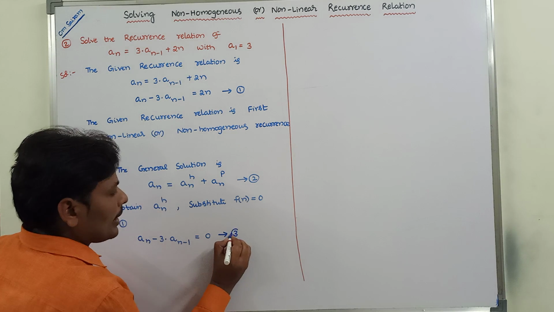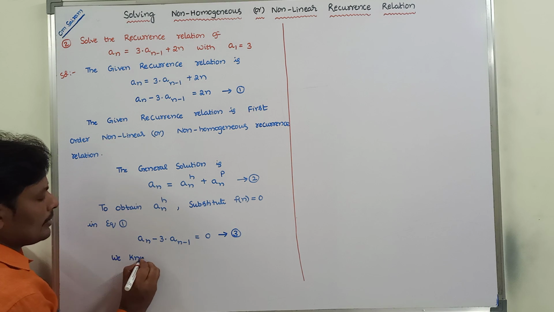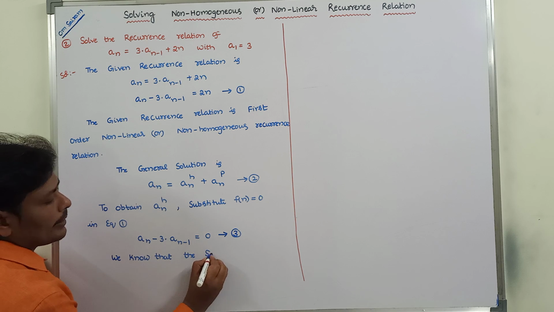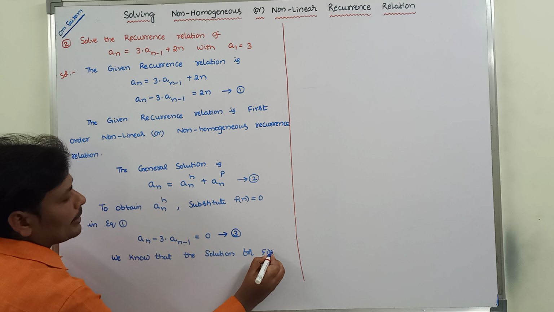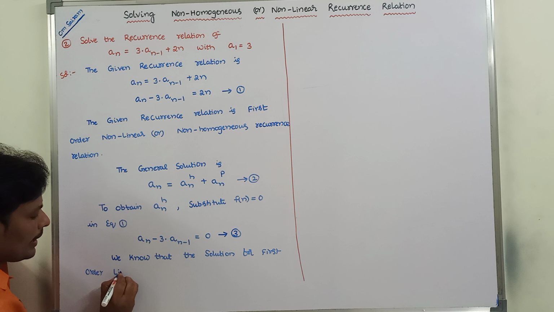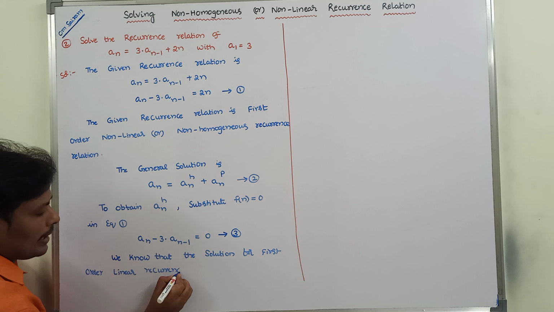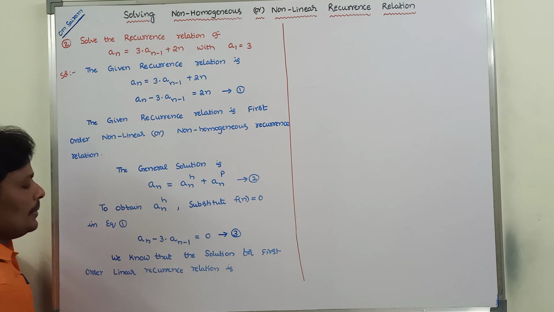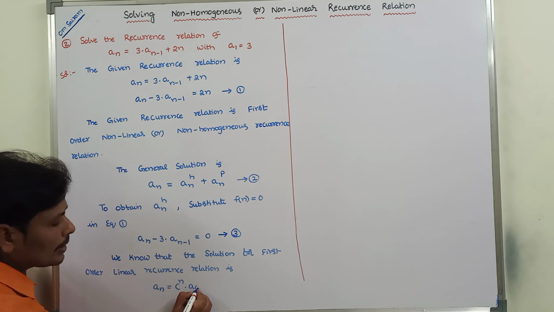This is equation 3. We already know that the solution for a first order linear recurrence relation is a suffix n is equal to c power n into a naught.